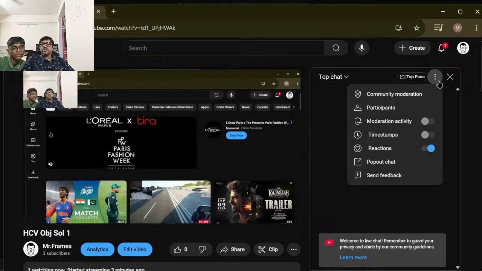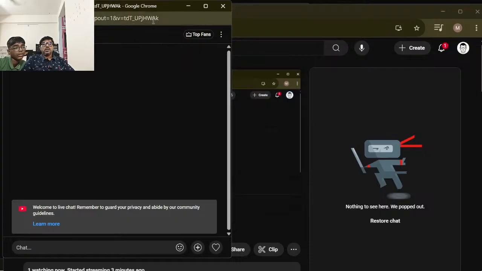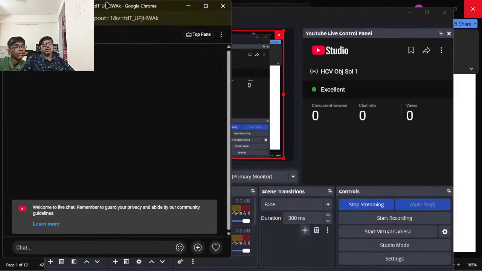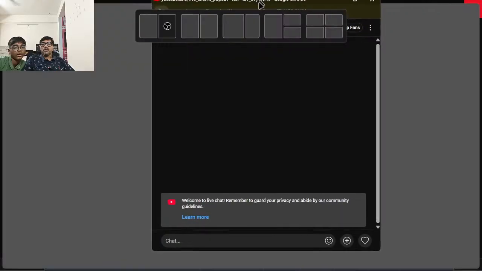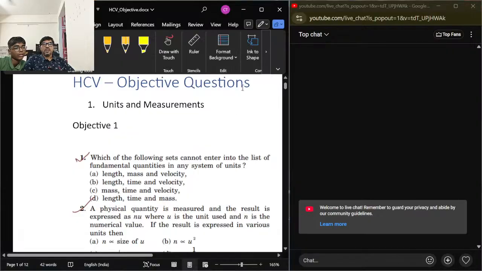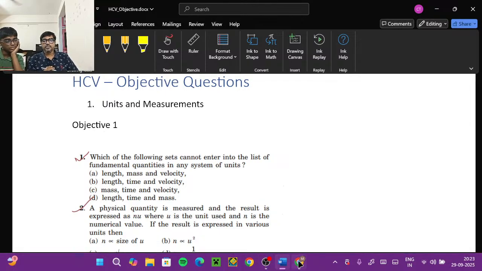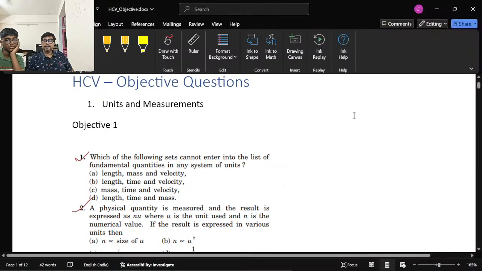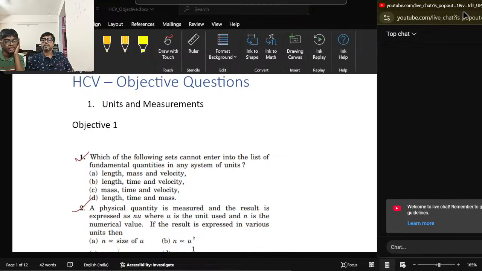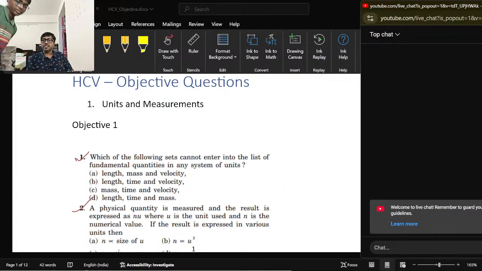Fine, no? Only pop out chat. So that doesn't work anyway. Like this? No. But I need to write it now. I need to solve it also sometimes. That's okay, I can always check it like this. I'll keep it like this. Oh, it's going away. Yeah, that's what, I can just alt tab and check it, not a problem.